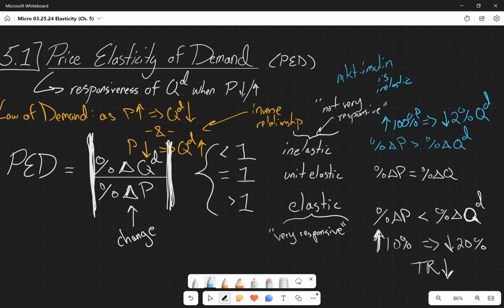If the price of your heating doubles, what are you going to do? It's a necessity. Certain things have different priorities within our consumption bundle, and therefore they have different responsiveness to price changes.